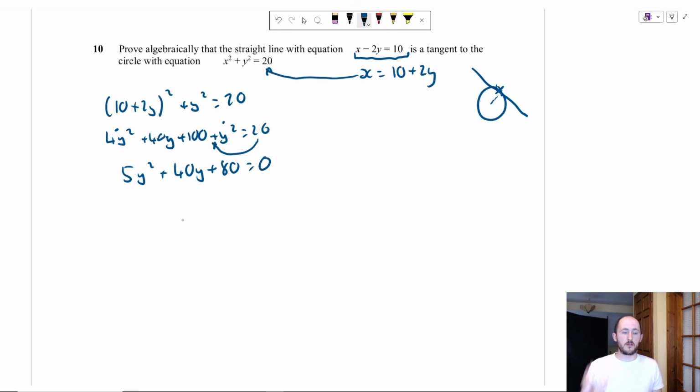And now we're going to solve this equation. So if we divide the whole thing by 5, we get y squared plus 8y plus 16 equals 0. So we're looking for two numbers that times to 16 and add to 8. That's going to be 4 and 4, right?